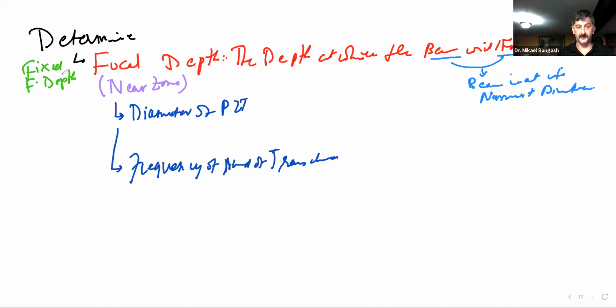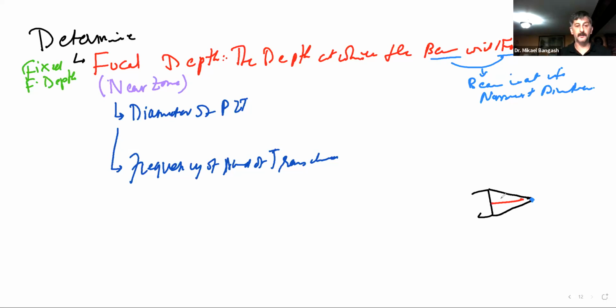So what factors determine the point, or the distance, at which the beam would diverge to its narrowest? Because if we say that this here is the focus, then this distance here would be the focal depth.